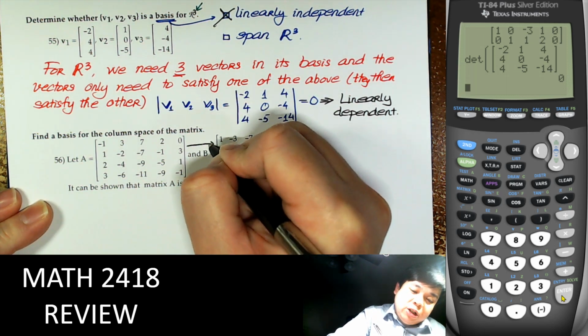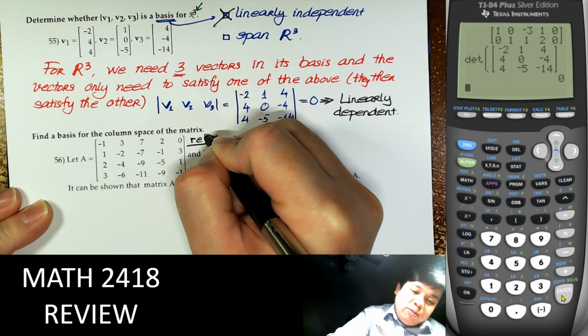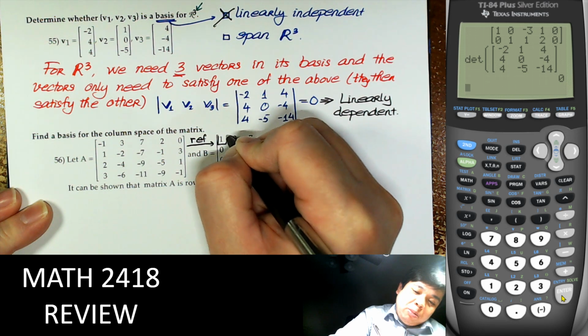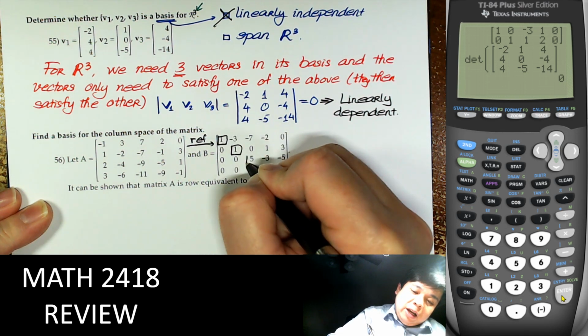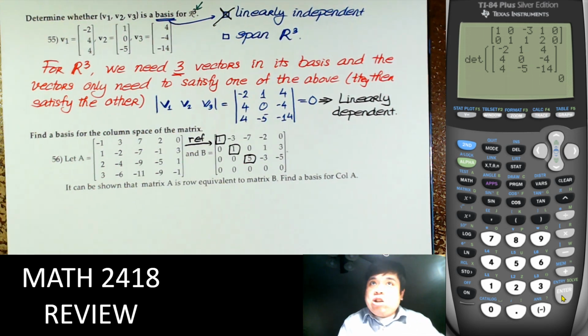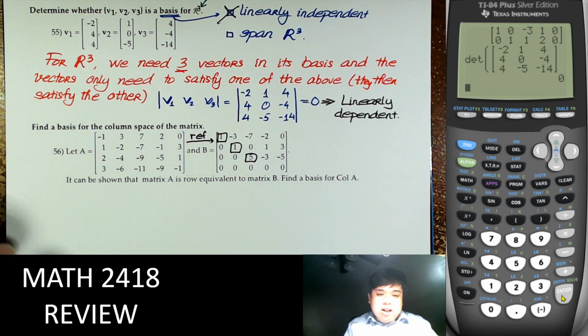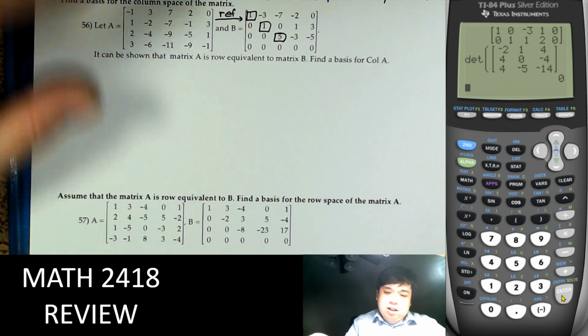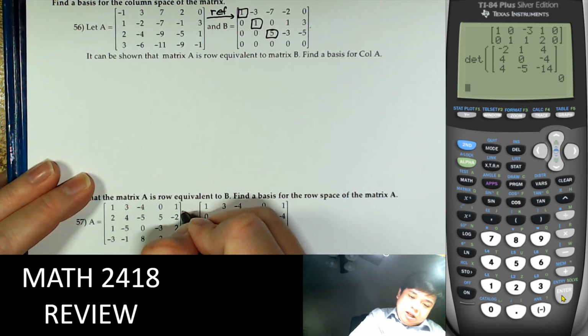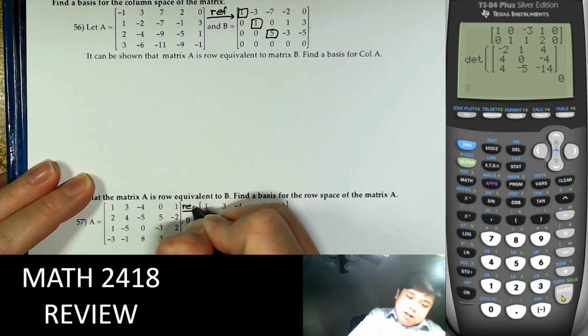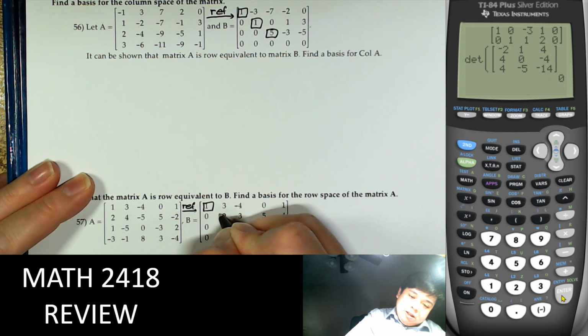If we do the row echelon form, we have this, because we have the pivot here, here, and here, and this is the echelon form. Now the next two problems, we are given that. So we have the matrix and the row echelon form of it.